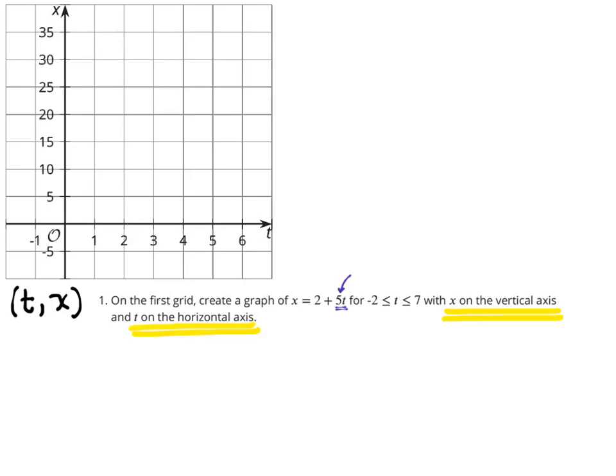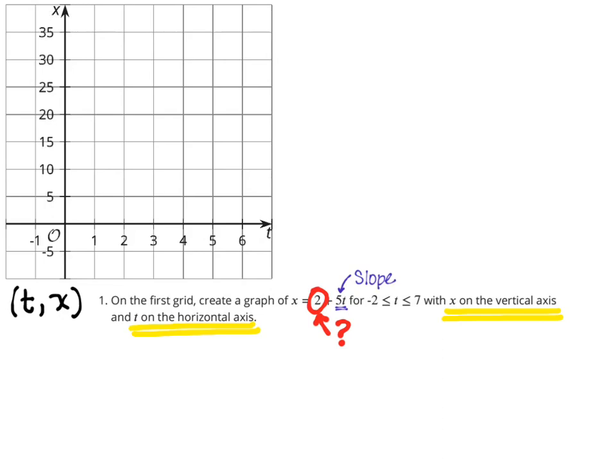That would be the format of every point, the input being t and the output being x. Okay, so I'm looking at the equation that they gave us, and even though it doesn't have x's and y's, what's in front of the input is going to be the slope. So that's the slope of the line that I'm going to have. And I'm really curious what this 2 means. What does that 2 mean to this problem? Well, let's go kind of old school.